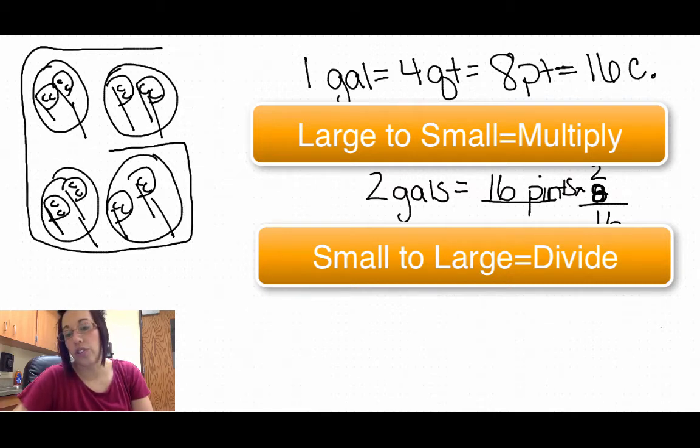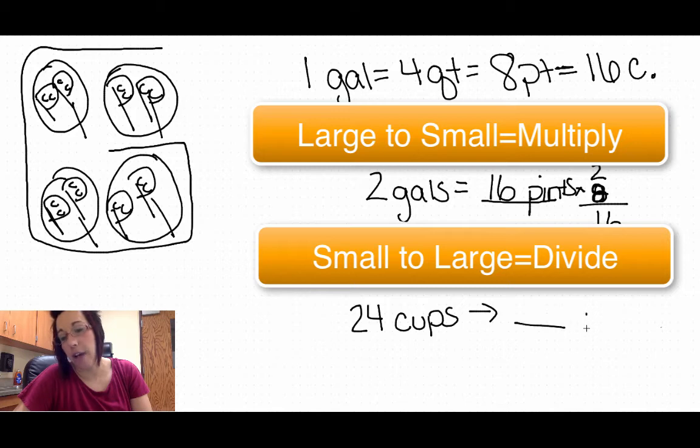So when I go from smaller units to larger units, I'm going to divide. So when I go from 24 cups and want to know how many pints that would be, I take my 24 cups and divide by the number of cups in 1 pint, which is 2. 2 will go into 2 once.